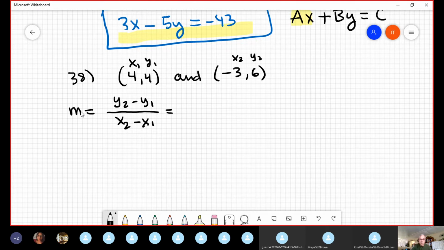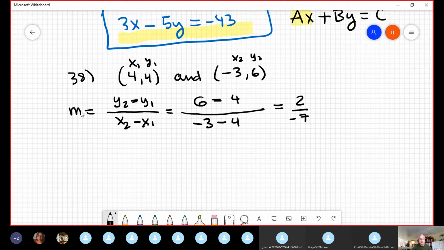Now substitution, plug it in. 6 minus 4, over -3 minus 4, because this minus is the minus of the formula. This is 2, and this is -7.